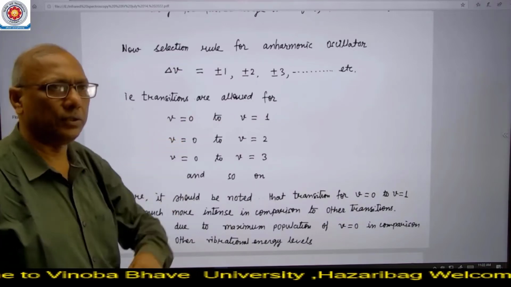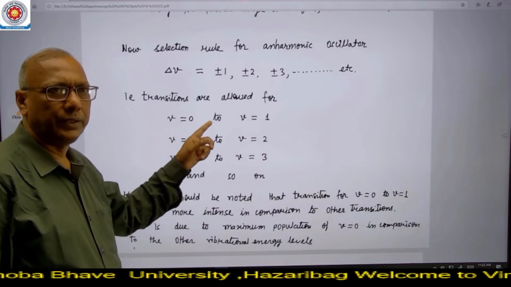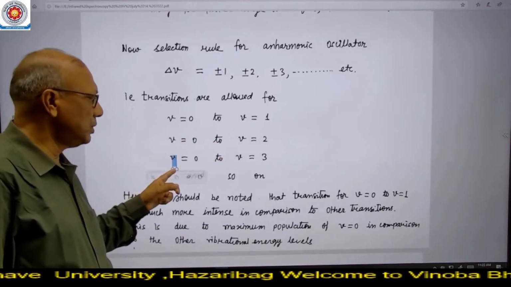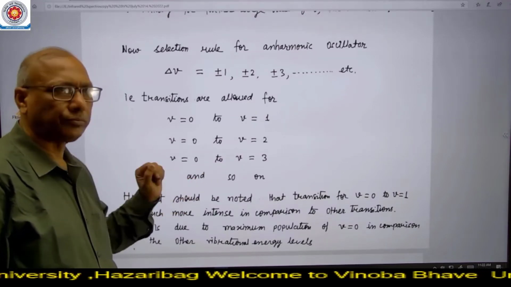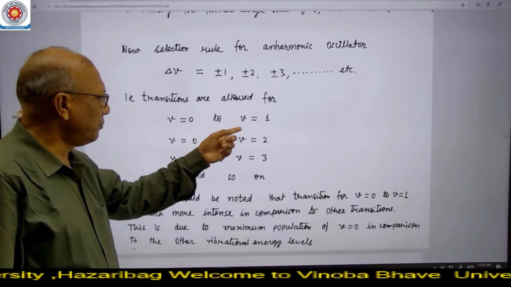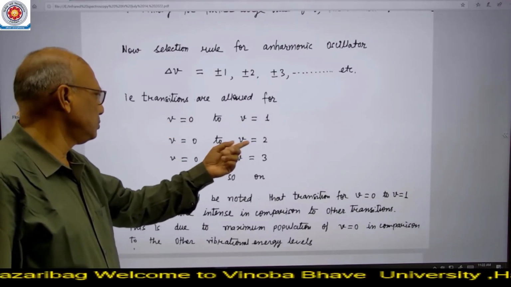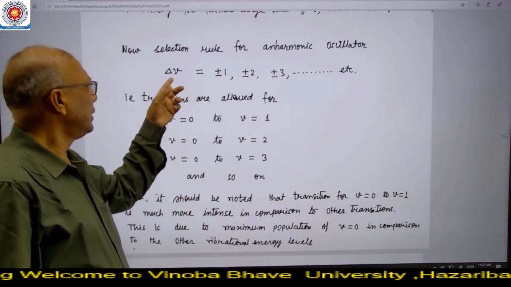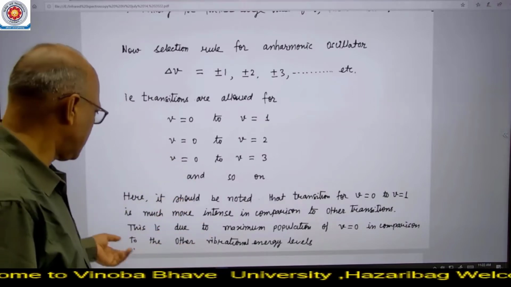These are the allowed transitions: V equal to 0 to V equal to 1, V equal to 0 to V equal to 2, V equal to 0 to V equal to 3, and so on. Here from V equal to 1 to V equal to 0, V equal to 2 to V equal to 0 can also take place, because here delta V is plus minus 1 or plus minus 2 or plus minus 3.